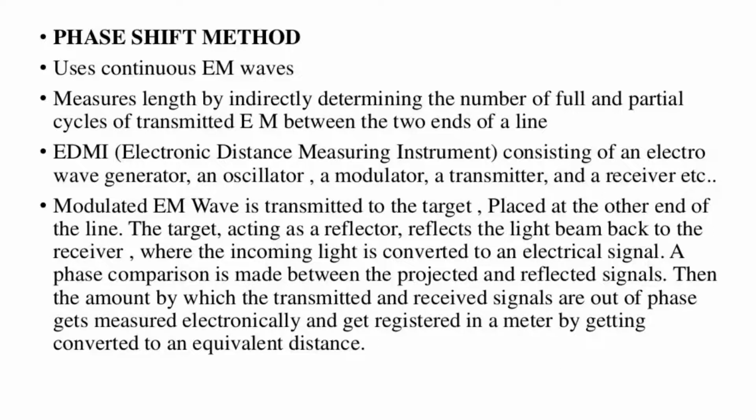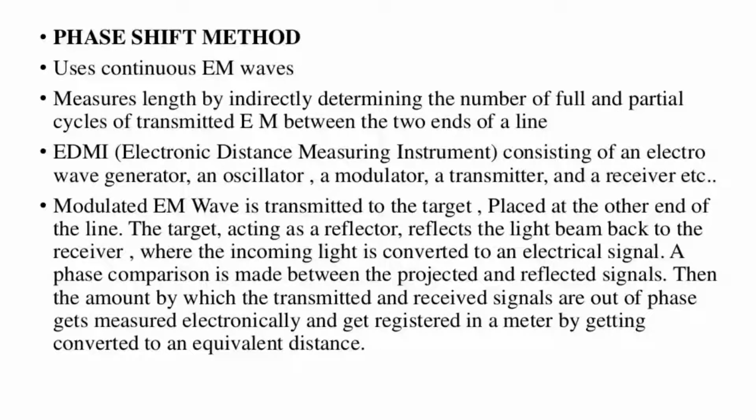Now the second one, the phase difference method. The speed of light in vacuum is well known, but the measurements are not taken in vacuum. Thus, corrections for atmospheric conditions are to be made. Further, because of the great speed of light, it is not possible to directly and precisely measure the time taken for the travel.